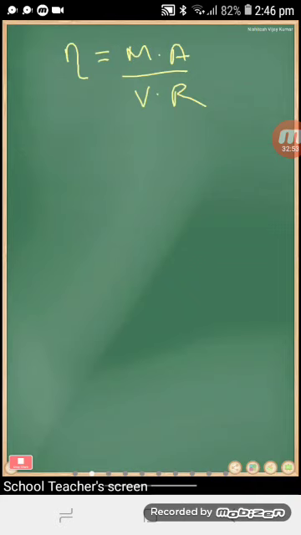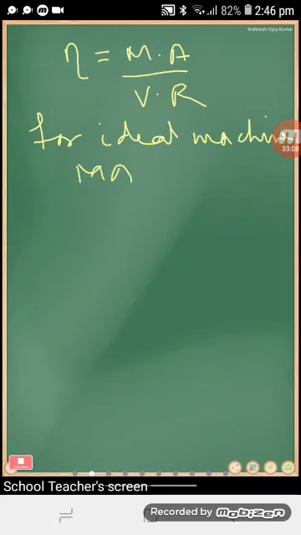For an ideal machine, your mechanical advantage should be equal to velocity ratio. Some of you were asking.